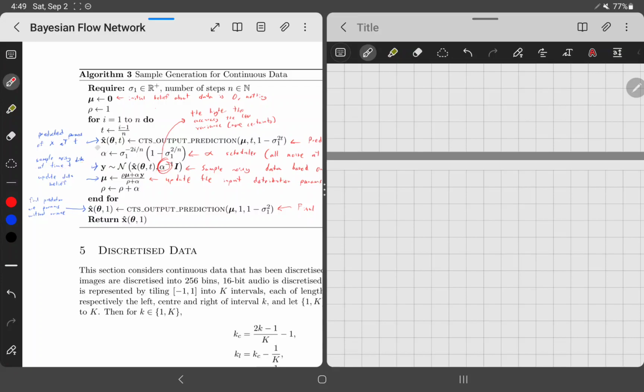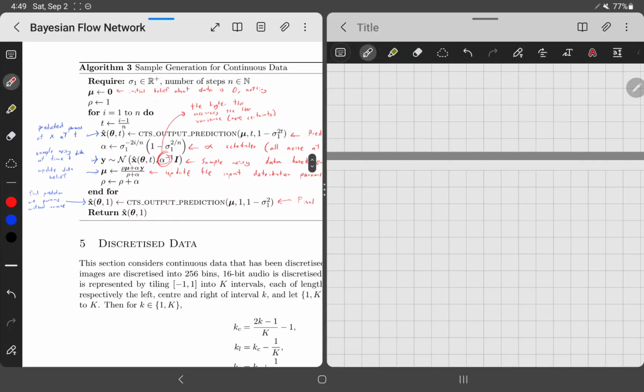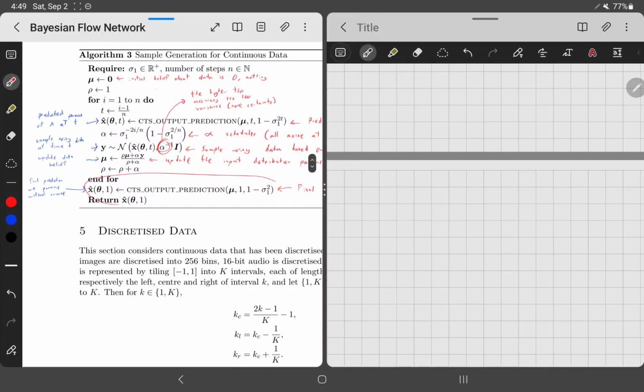You then sample the data and update your belief about mu based off the sample. And you keep doing this over and over until you do n steps, and you keep updating your belief of the data, mu, and the output is you give it mu, and then you take the direct output of the model, like I showed earlier.